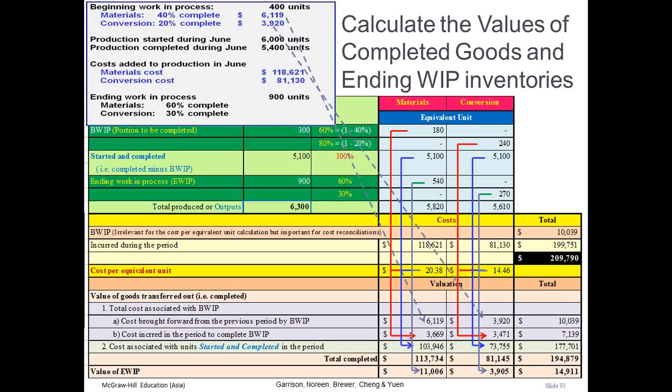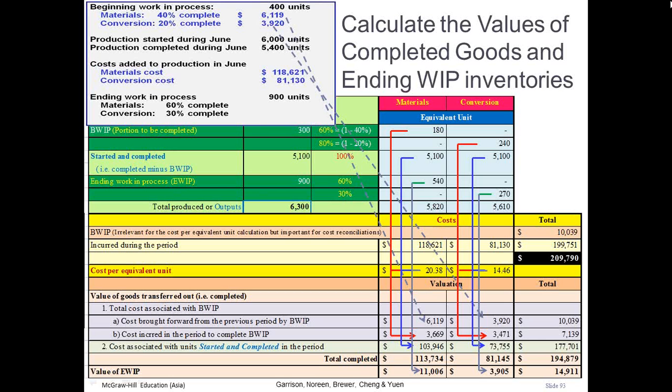Therefore, in the FIFO method, in addition to extracting the brought forward cost by the beginning work in process, we need to compute the completion cost associated with the beginning work in process by multiplying the percentage of completion in the period and the cost per equivalent unit.